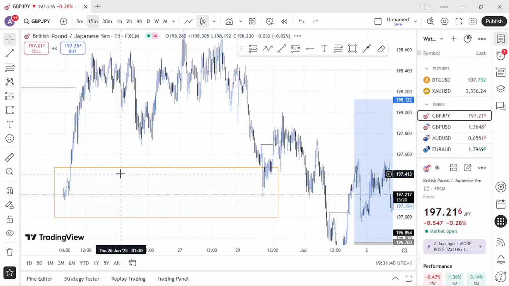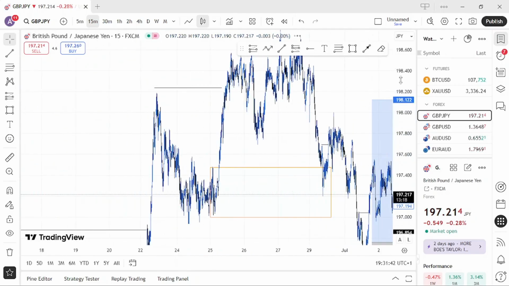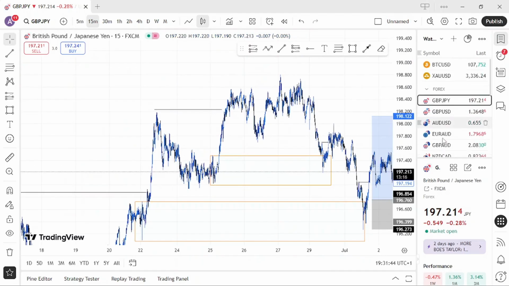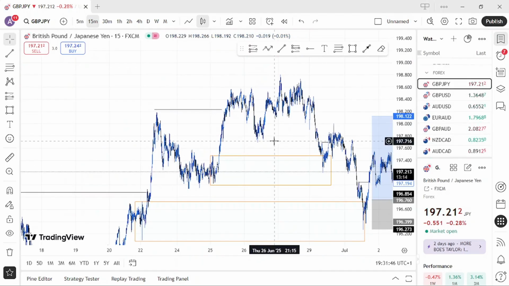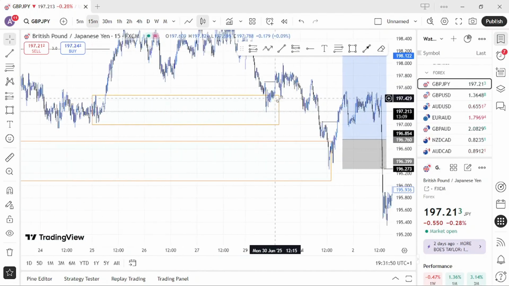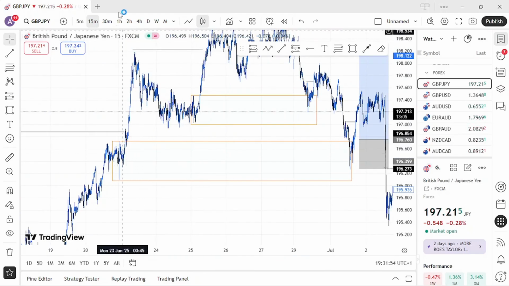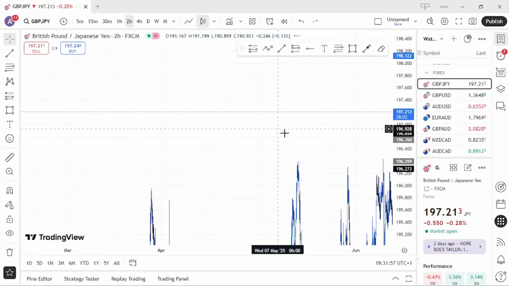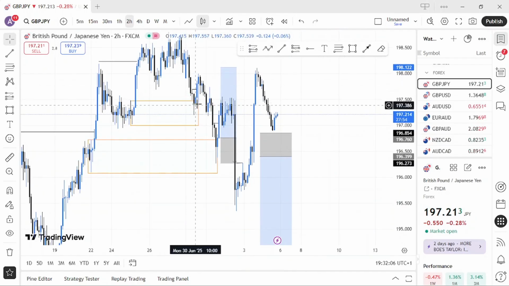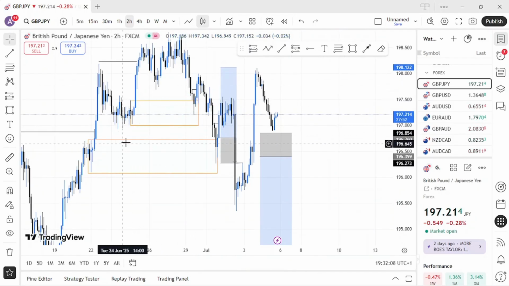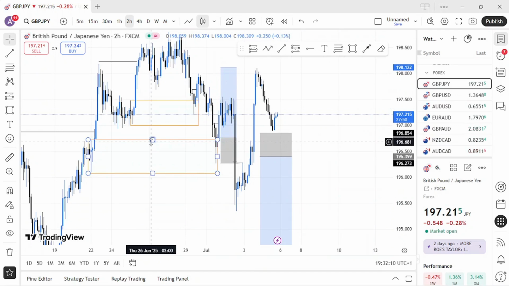The second trade I took was also on GBP JPY. Later that week, price came to this second zone. Since this first zone failed, price then came to this second zone down.